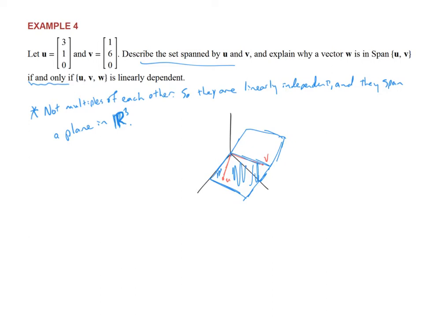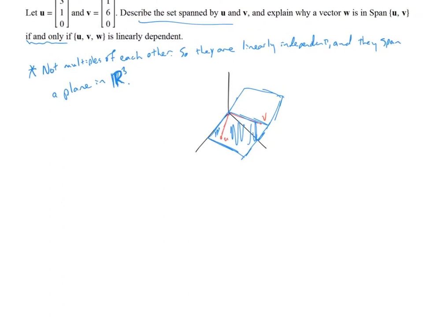Now the next thing that we have to do is to explain why, if we introduce a third vector w, it's in the span of u, v if and only if u, v, w is linearly dependent.